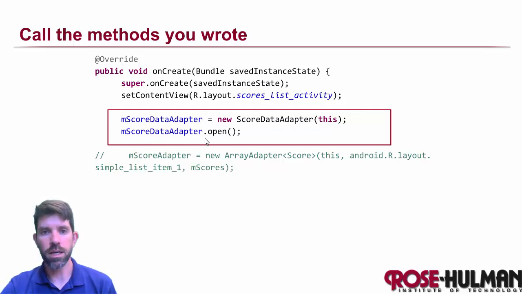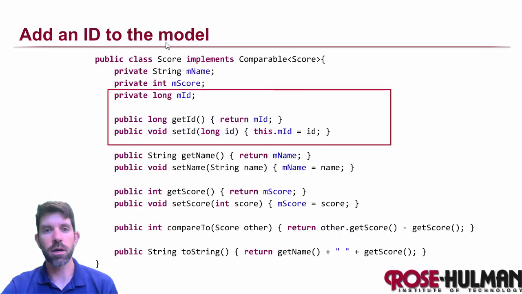One more thing, as far as setting things up here, is that we're going to have to fix our model. Our model is going to store the database ID, along with the name and score. So we'll add an ID here, which in Java is of type long, and we will just write some simple getters and setters for them. All right.